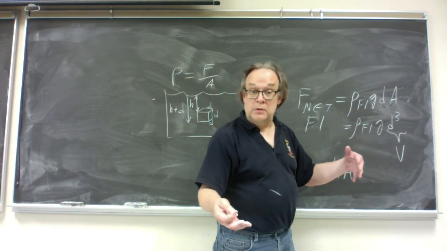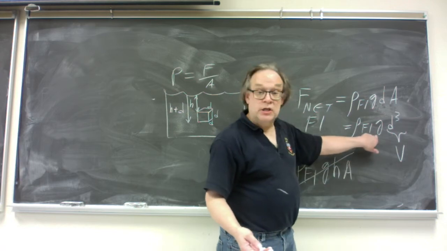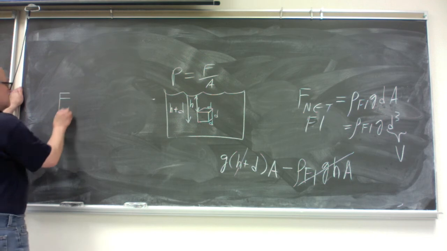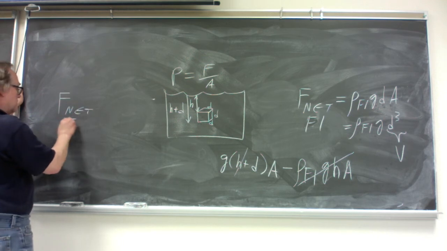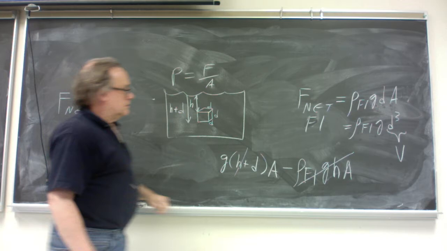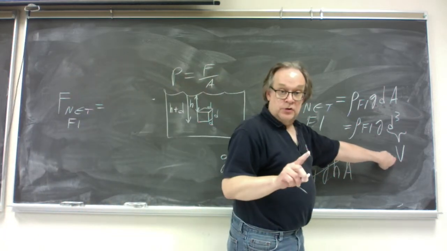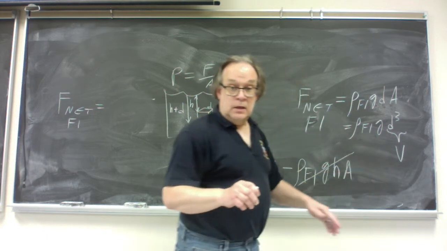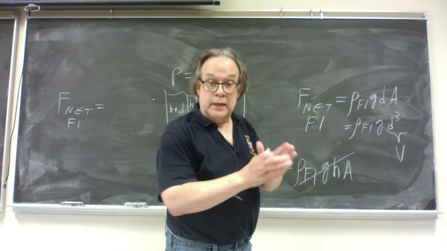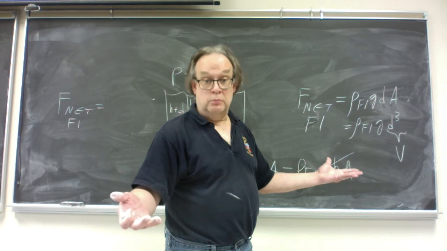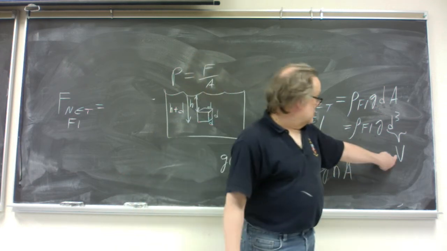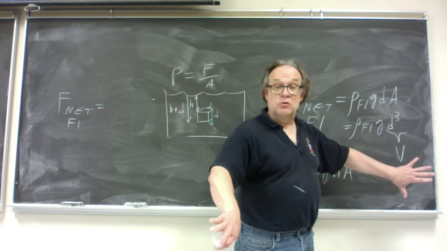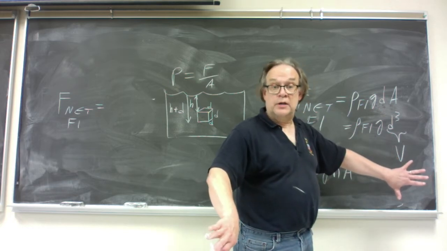Density times a volume is going to be a mass, and a mass times g, that's a weight. So the net force from the fluid, this volume here, think about it for just a minute, that volume is the volume of the cube, but that much volume is the volume of fluid that had to be pushed aside to make room for the cube. In other words, this volume of fluid was displaced, moved elsewhere to make room for that cube.